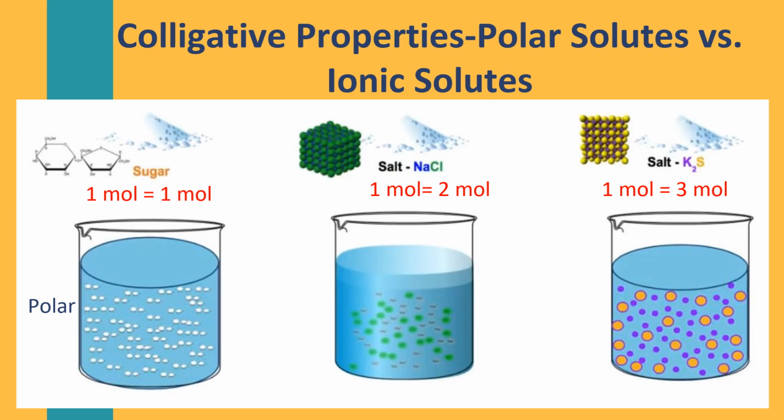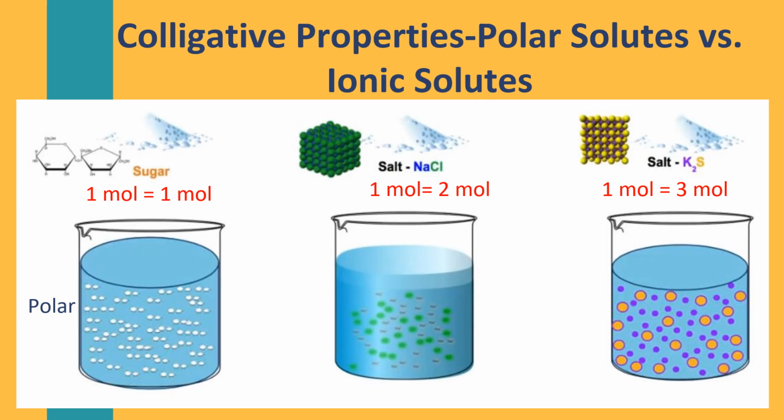And this one is going to dissociate into a bunch of potassium ions and a bunch of sulfide ions. But let's take a look at what happens. Let's suppose I have 1 mole of sodium chloride and I put this in the water right here.